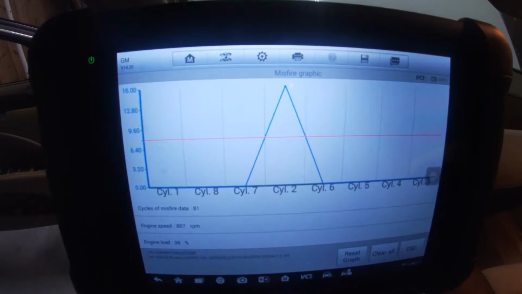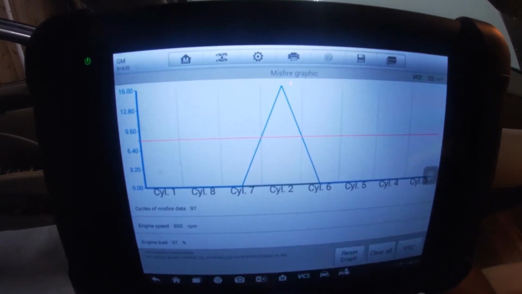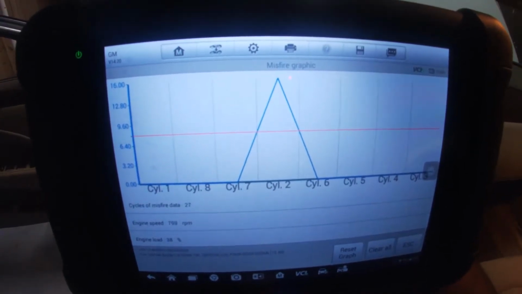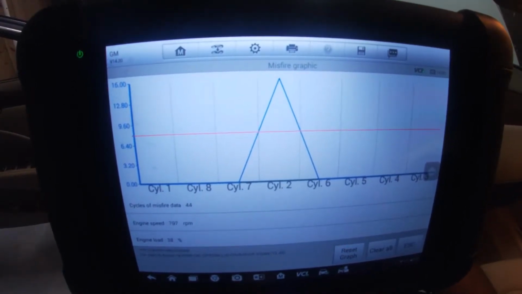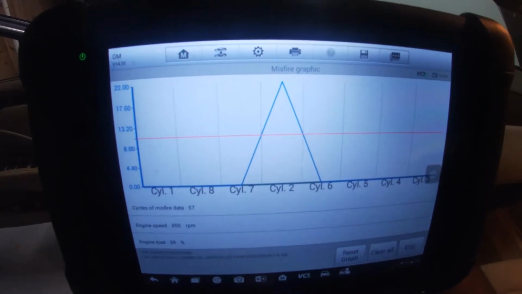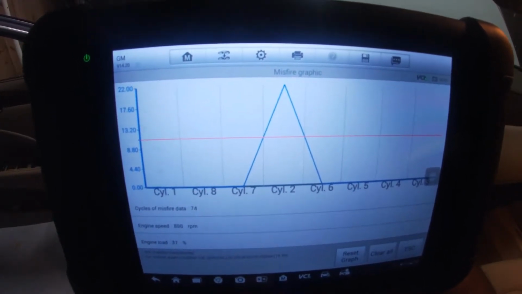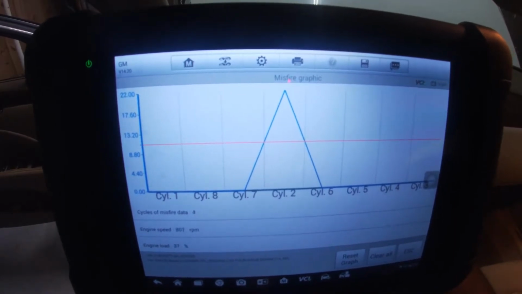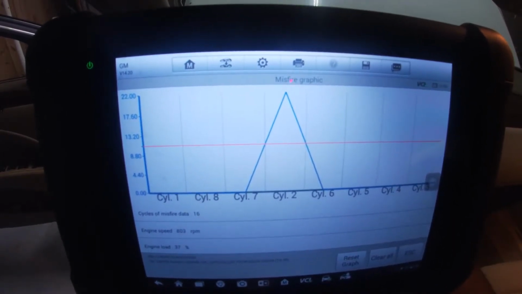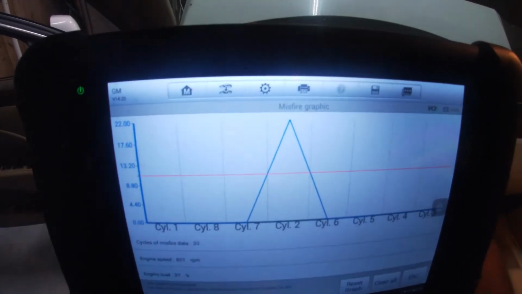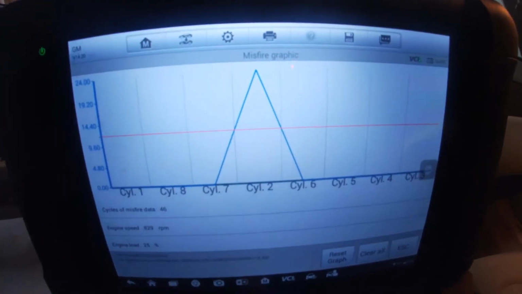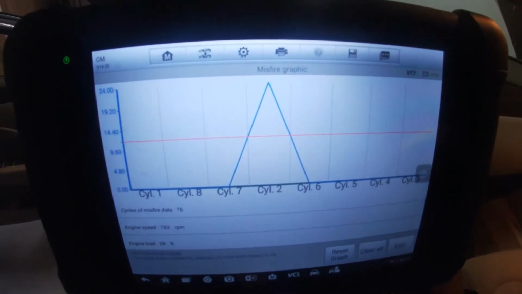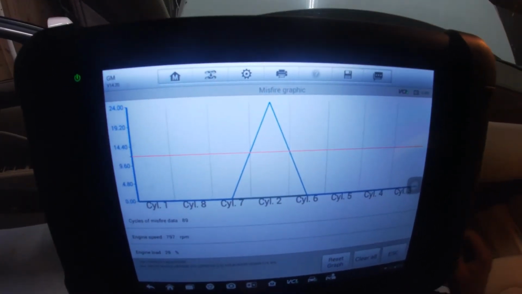The coil is our problem. Yep. I am satisfied with that. That is definitely a coil.